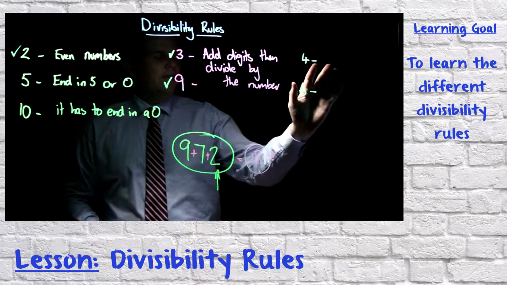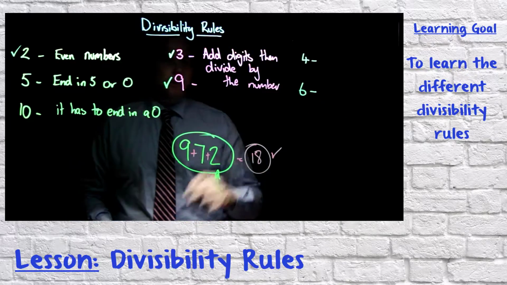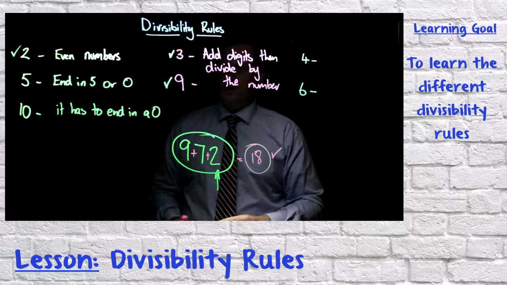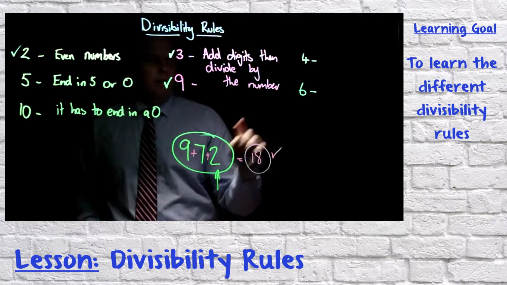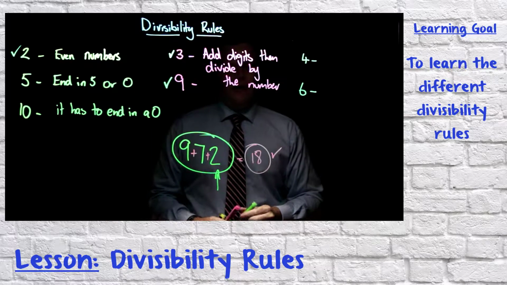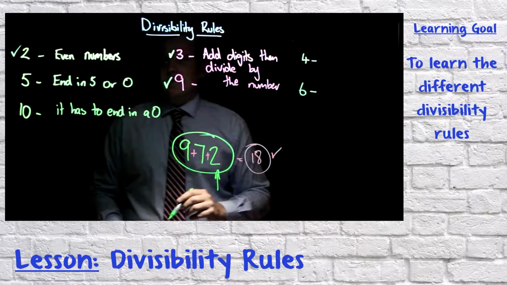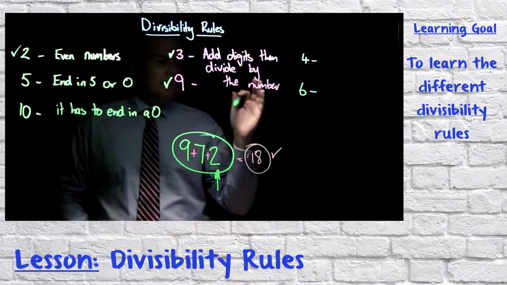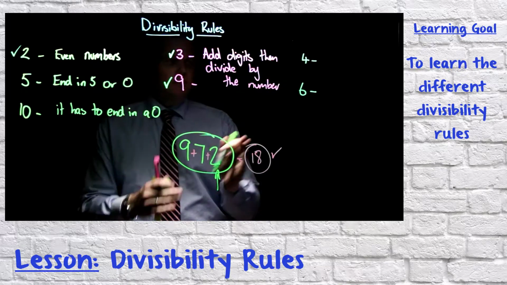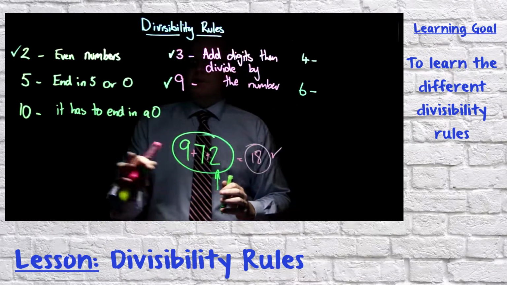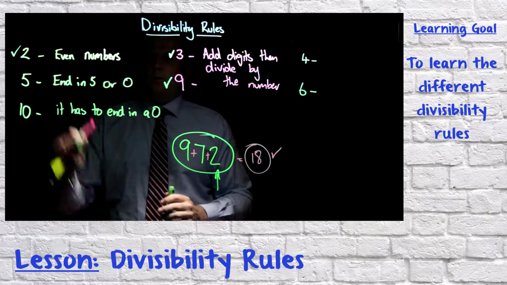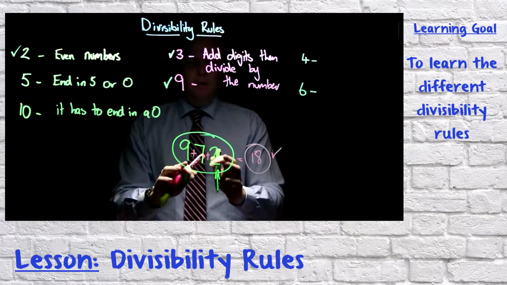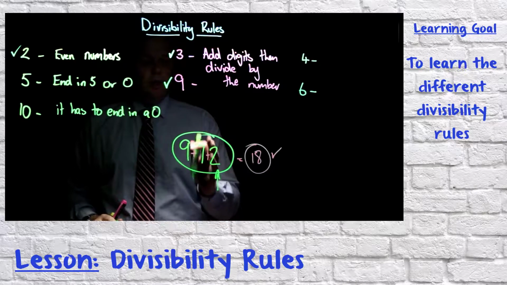Now, 4 and 6 have some different rules associated with them. The number 6, we're going to start with that one. The divisibility rule for 6 is that a number, so 972, needs to be divisible by 2 and 3. So if a number is divisible by 2 and 3, it means that it is also divisible by 6.